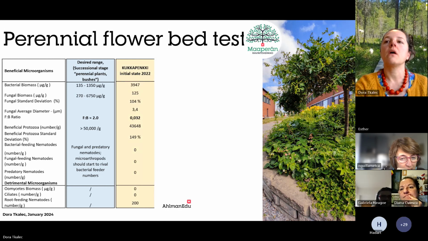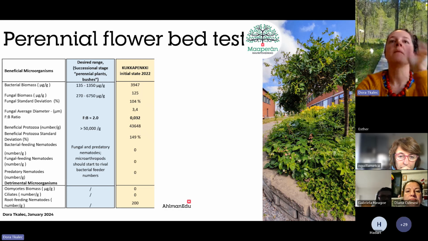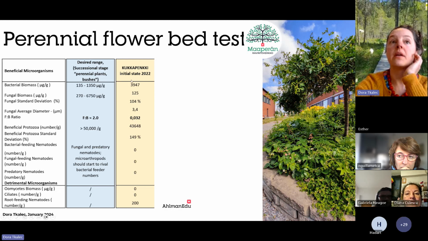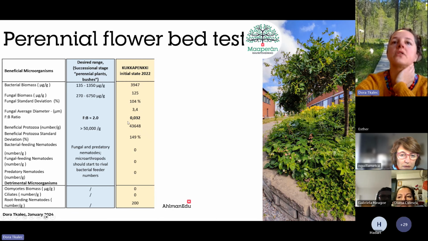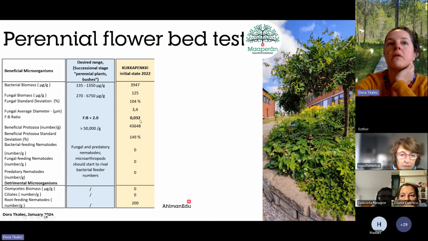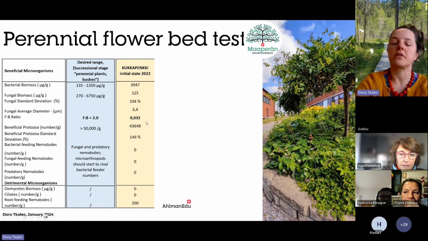The initial state of the flower bed trial plot was that it was bacterially dominated, and it had some fungi, but not enough, and also some not so good root feeding nematodes and very little protozoa. There was practically no fungi there, so the fungal to bacterial ratio was not in favor of the plants that were growing there.